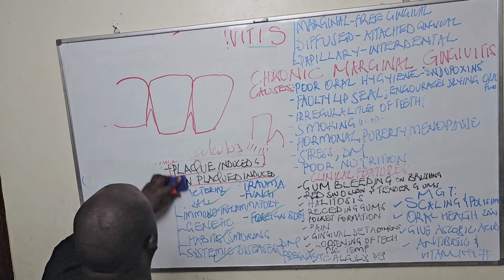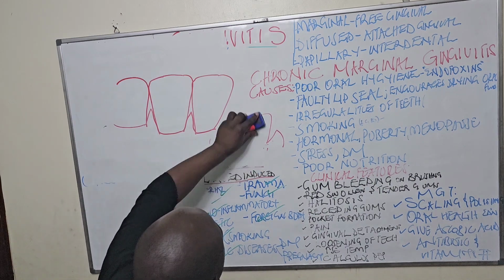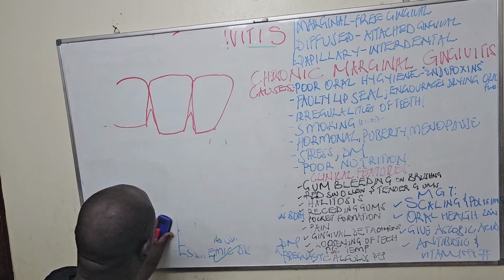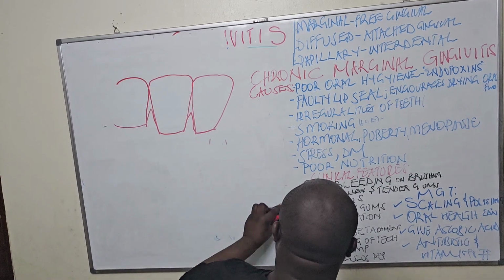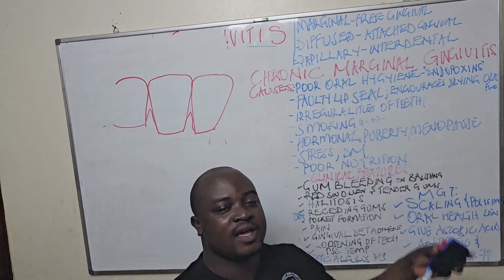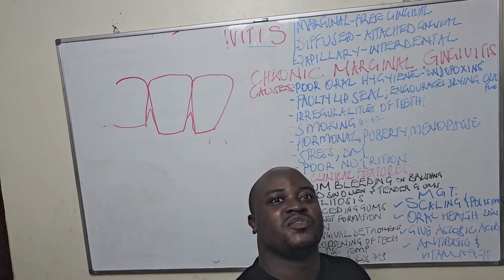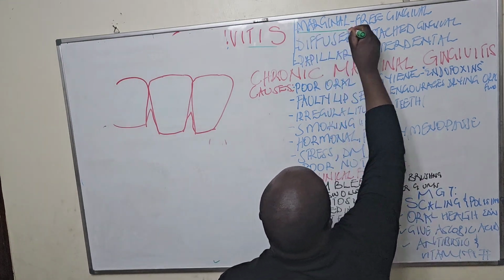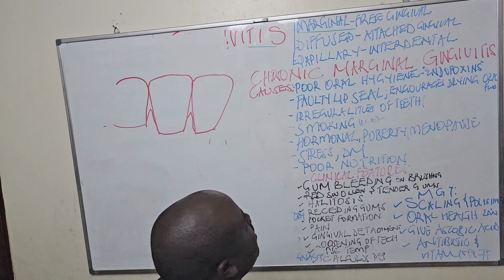Now, having talked about different parts of the gum, this one becomes very important. Inflammation of the free gingiva is called marginal gingivitis.